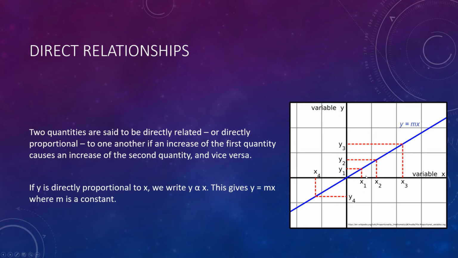So as we move higher and higher in x, we're also moving higher and higher in y. Thus, they are directly related. And vice versa, as you move to the left or downward in x, you are also moving downward in y. So these are said to be directly related or proportional to one another.